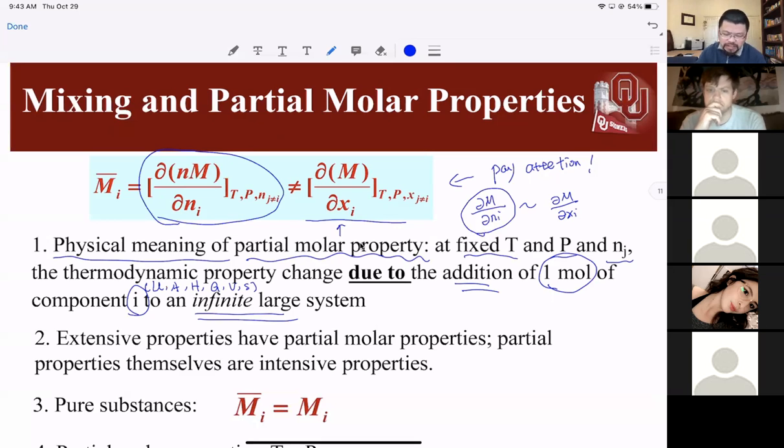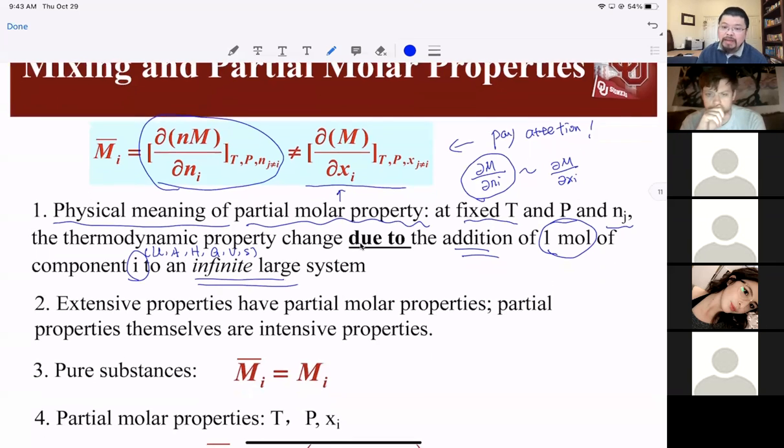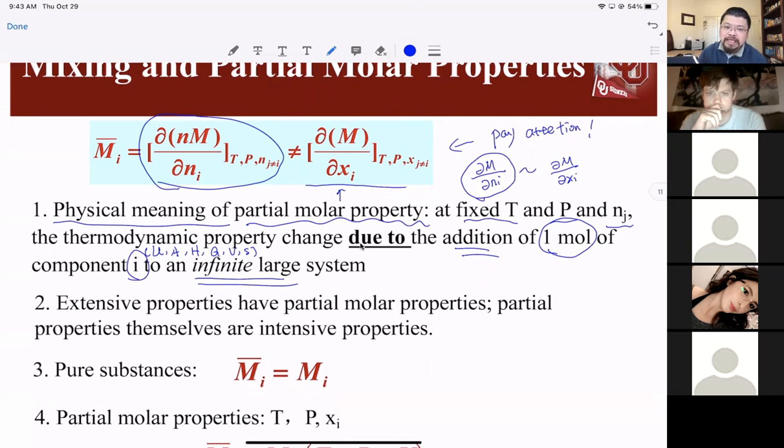So that is just one note, just in case you get confused on the two equations. Mathematically, they are very helpful to each other, and we always try to convert one into the other. But for the exact partial molar property definition, we'd better pick the first one.